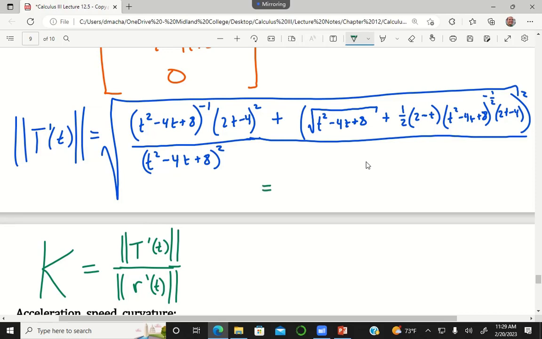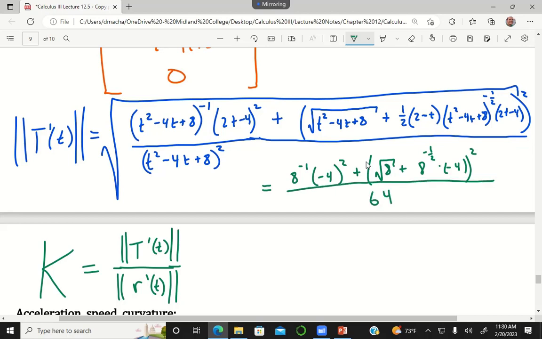So this whole big ugly expression is just 8 to the power negative 1 times negative 4 squared plus the square root of 8 plus 1/2 times 2 is 1 times 8 to the power negative half times negative 4, that all squared, divided by 8 squared is 64, right?